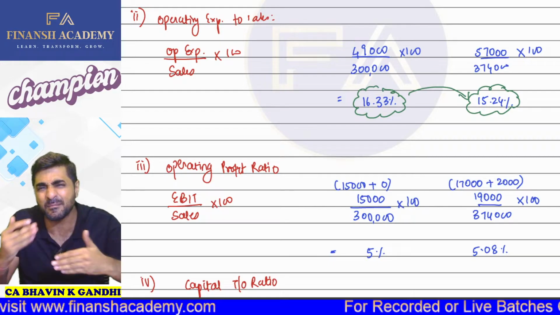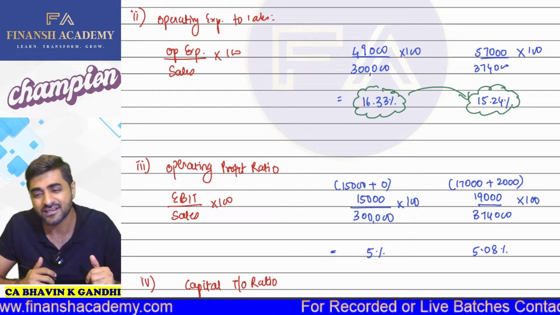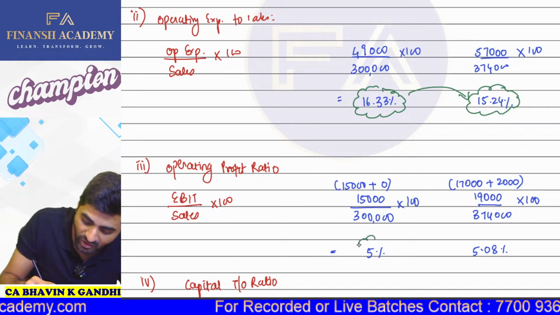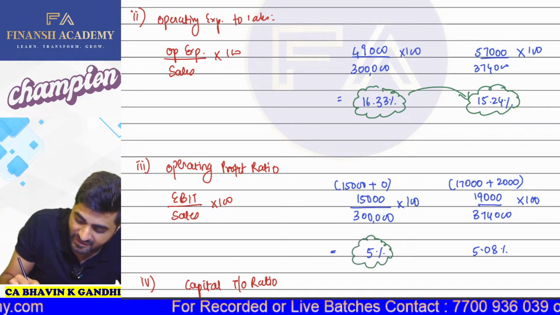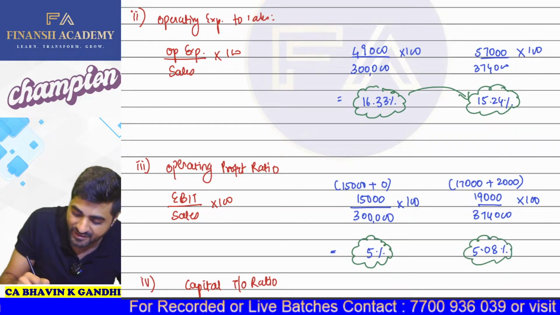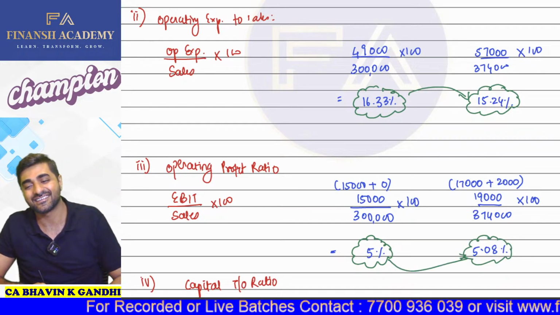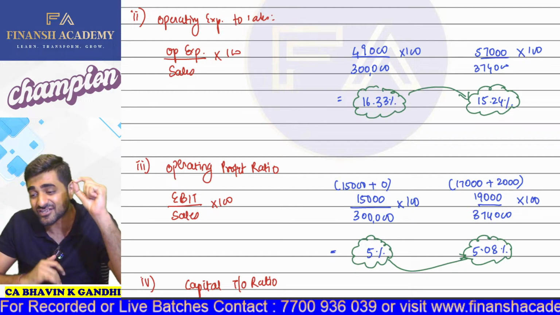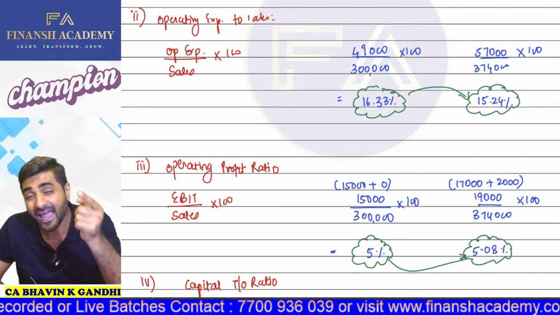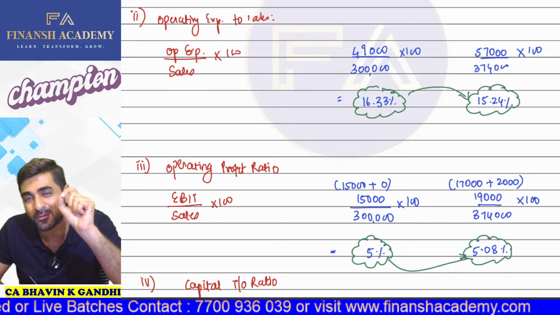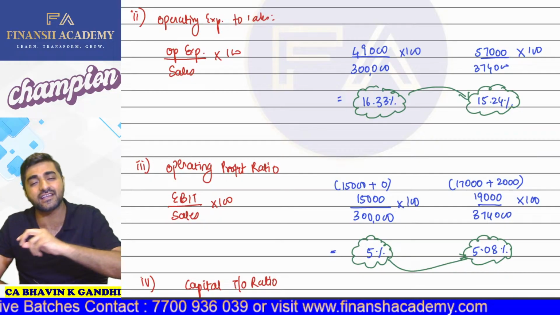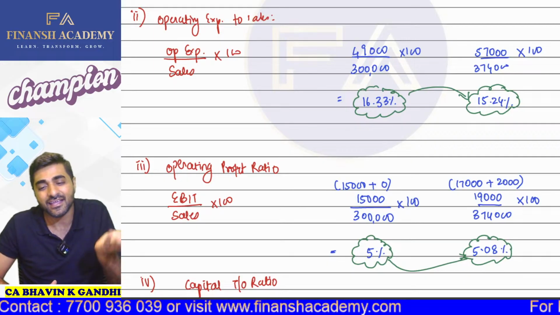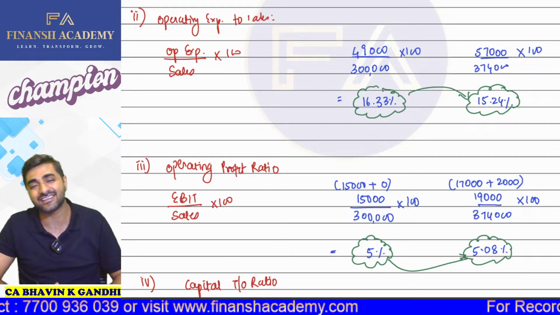It means that there has to be some impact on your operating profits. So is your operating profits increasing? Come on, yes or no? Yes, sir. As you all can check here, your operating profits has increased from 5% to 5.08%. So reduction in operating expense to sales, reduction in the operating expense ratio has a correlation with your operating profits. Come on, yes or no? Of course, yes. So your operating expense to sales is reducing and simultaneously your operating profit ratio is enhancing.